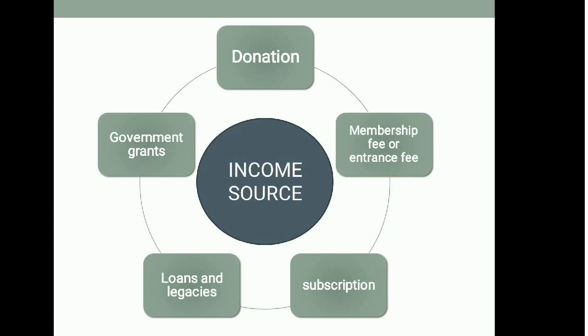If you are alive and give something to the NGO, that is a donation. But if you donate on the condition that after your death it will go to that NGO, it is treated as legacy. Last is government grant. If the government provides some amount or financial help, that is treated as a government grant.